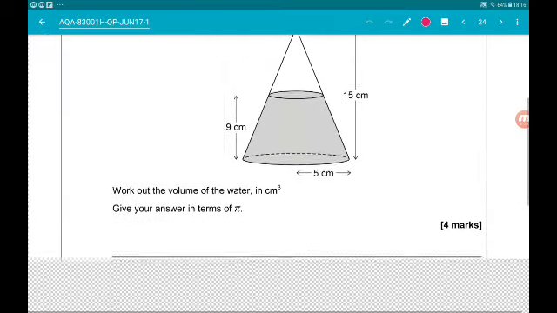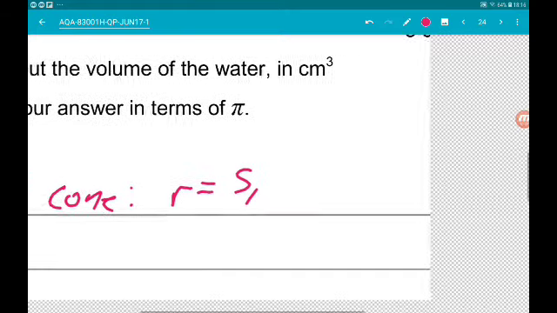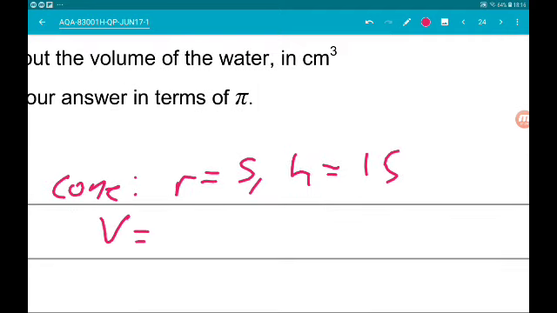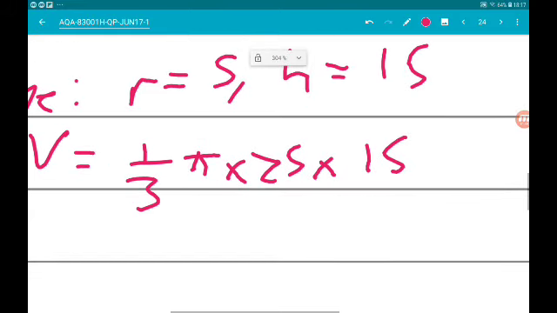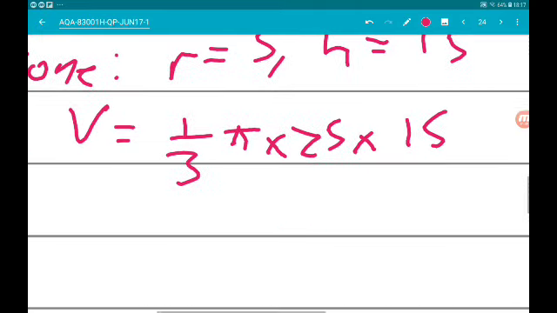So for the big cone, the radius is 5 and the height is 15. So the volume is 1/3 times pi times 5 squared times 15. Now, okay, so there's something nice that happens here.